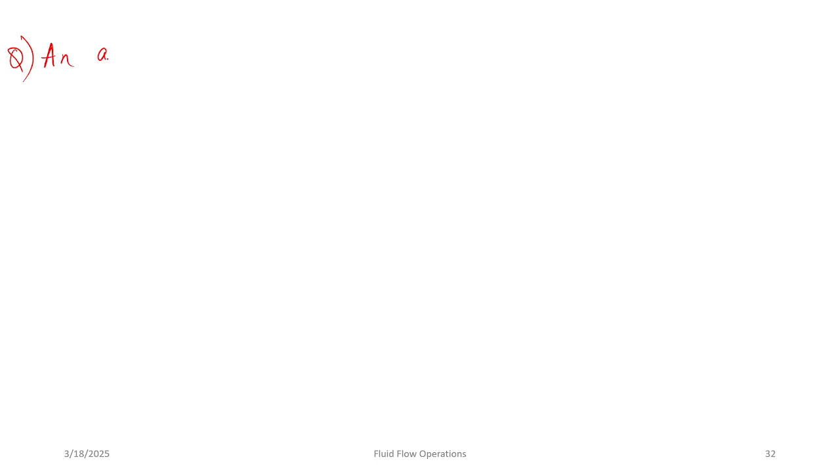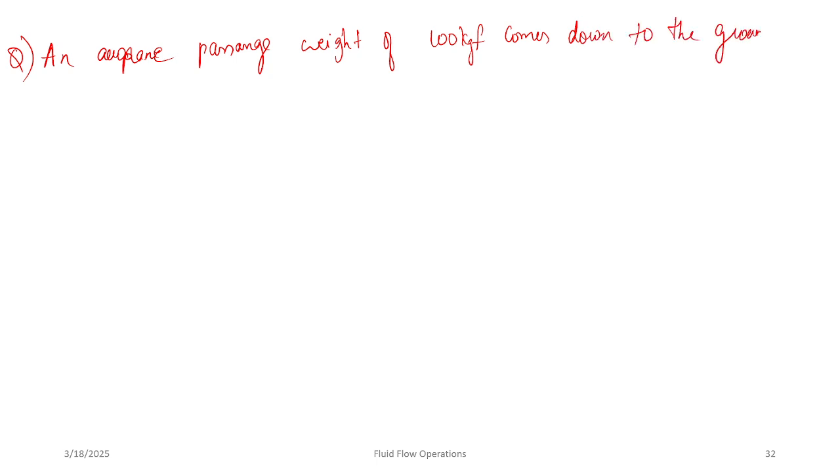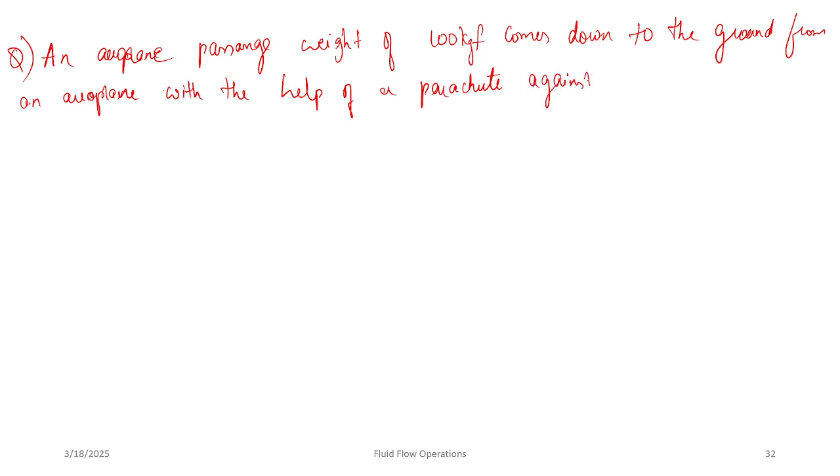So let me write the question first. An aeroplane passenger, weight of 100 kg force, comes down to the ground from an aeroplane with the help of a parachute against the resistance of air.